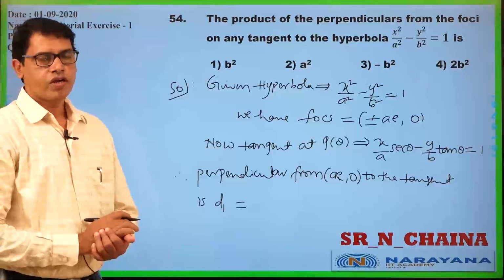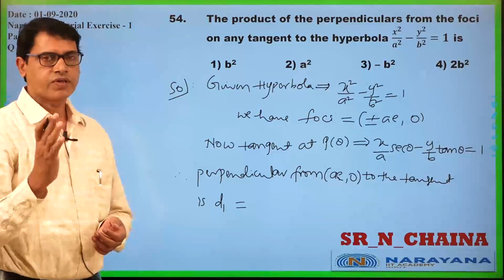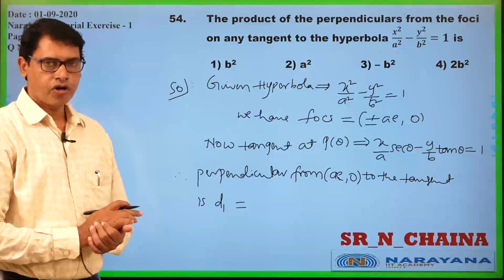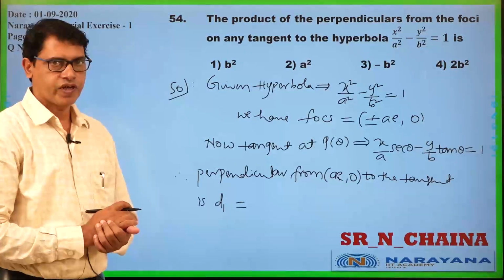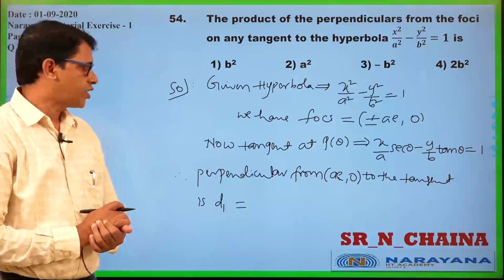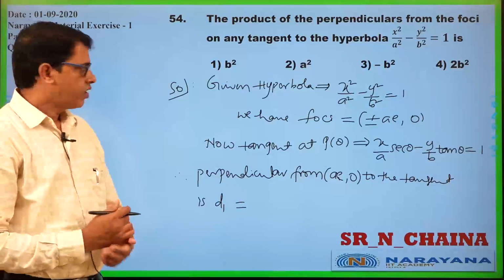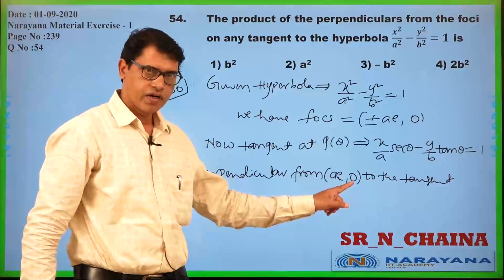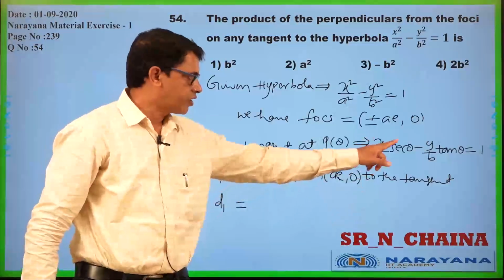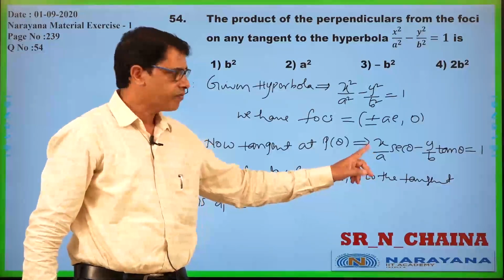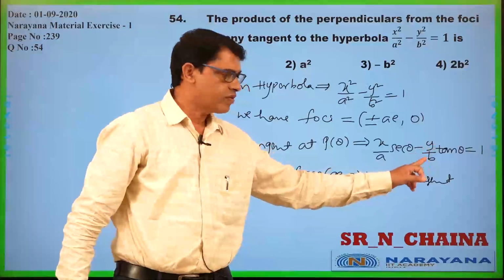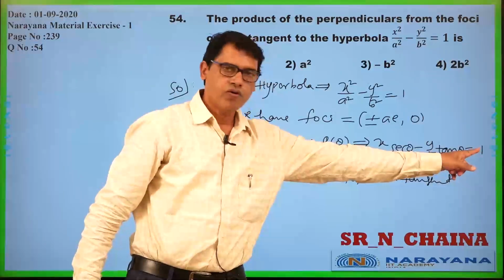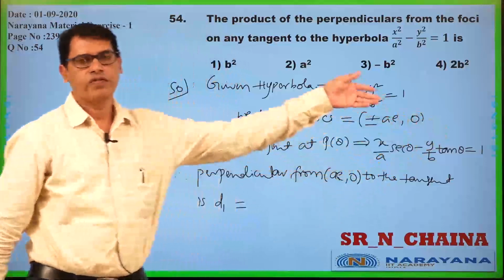So what is the formula? Mod of AX1 plus BY1 plus C upon root under A square plus B square. Okay? Perpendicular distance formula. Here what is X1, Y1? AE comma 0. What is A? The X coefficient: secant theta upon a is A, minus tan theta by b is B, and C is equal to minus 1.